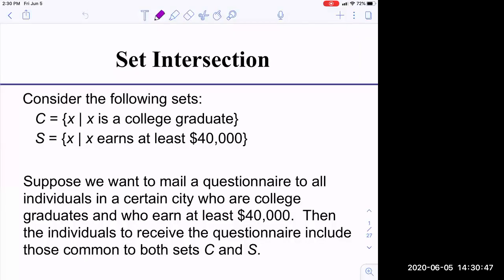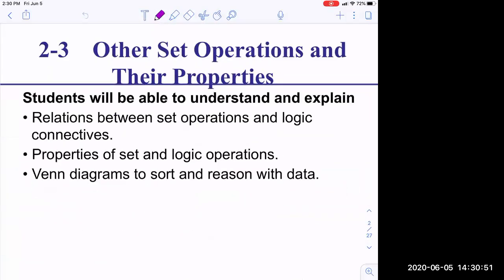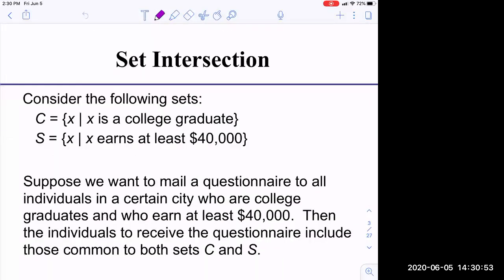Okay, we're back to talking about sets. And we're going to look at two big properties at first. First is the intersection. So we have two sets, C and S, and we want to mail a questionnaire to those who are college graduates and who earn at least $40,000.